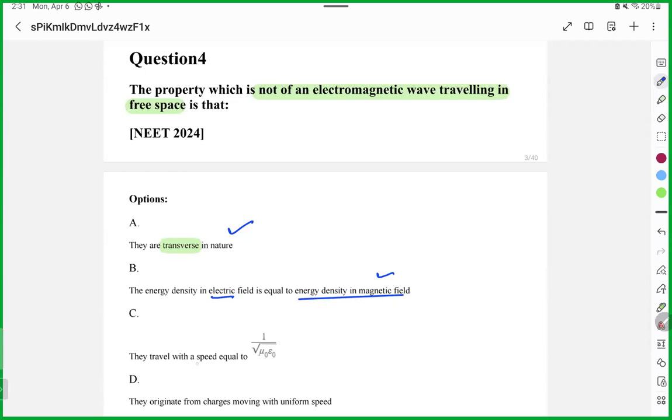They travel with the speed of light, equal to C. Correct, sir. They originate from a charge moving with a uniform speed. No, accelerated charge. So we already have this in our notes. Yes, sir. Even circled it.